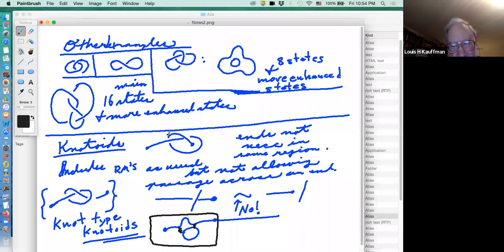You could calculate the Khovanov homology for this just as well. And you can just use enhanced states for these. So you're going to have a plus or minus on this and a plus or minus on that. And you're going to evaluate every one.